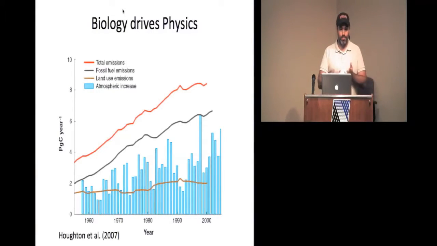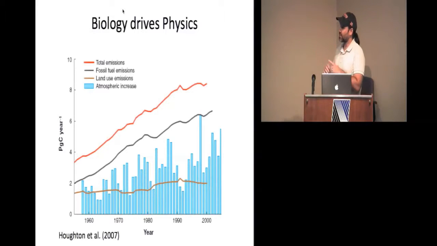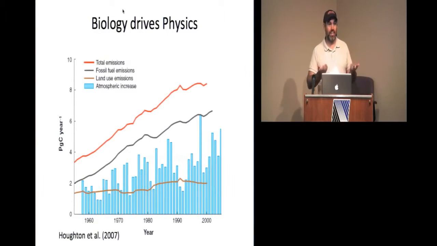This is a really important area in climate change research, because if you look, this graph shows the total emissions over the last few decades in red, and that partitions out into the fossil fuel emissions in gray, the land use emissions in black, and then the atmospheric increase.